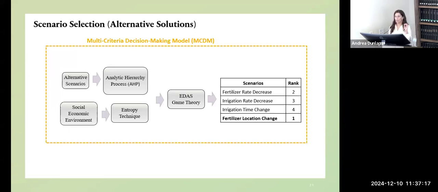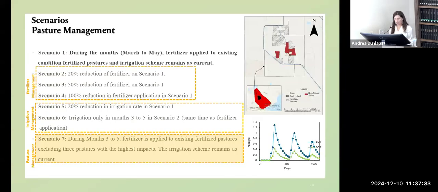Then we decided to remove the ones with the highest level of nitrate to see how it impacts the amount of nitrogen in the groundwater. If you look at this picture, all these hashed pastures, including the dark red ones, are all under fertilization now.